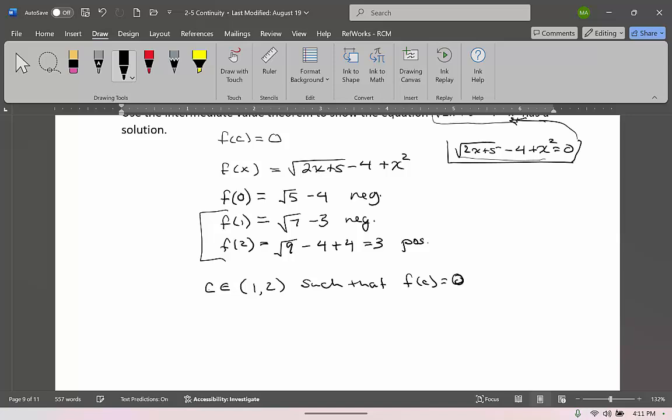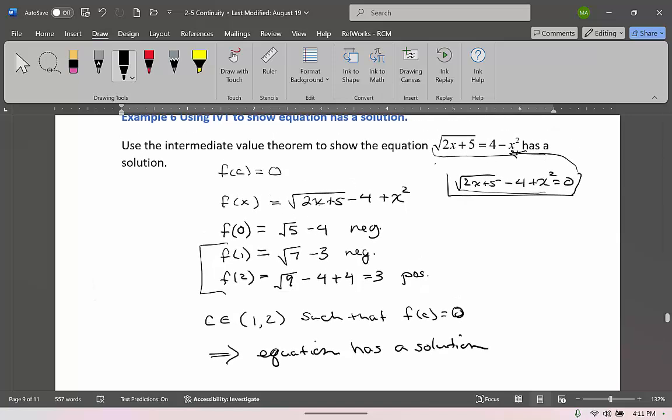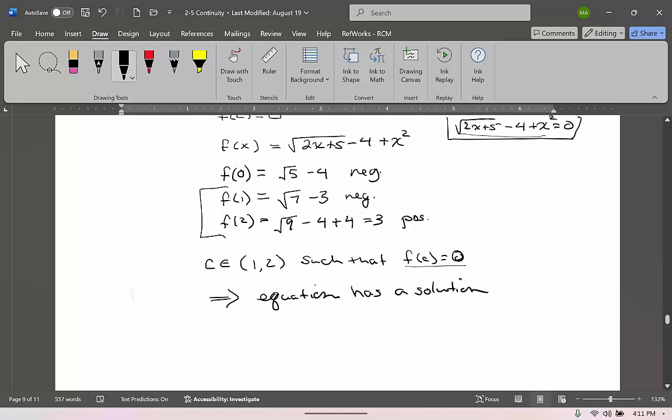Okay, that's by the intermediate value theorem. And this means that our original equation has a solution. Okay, so this original equation up here has a solution because we just found a place where f of c has to equal 0.